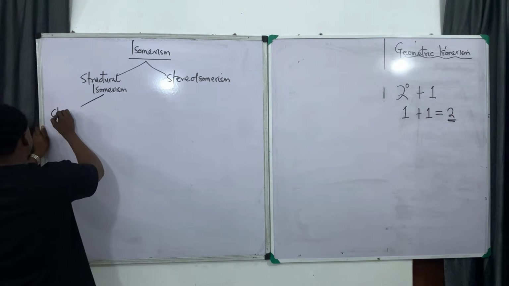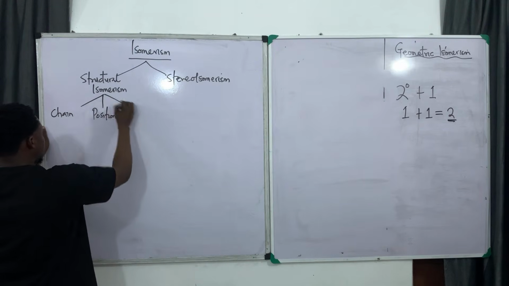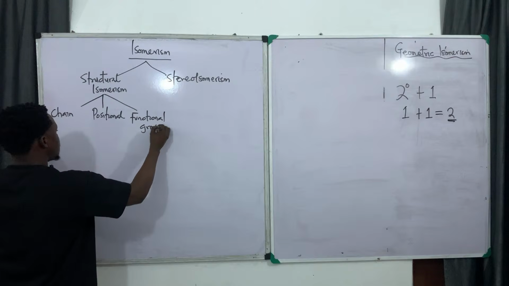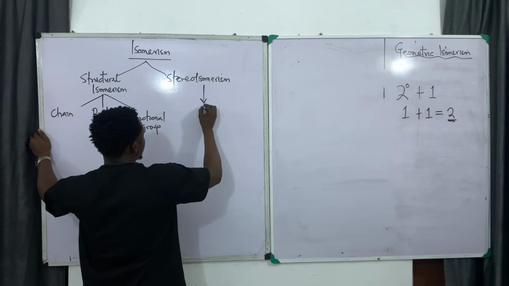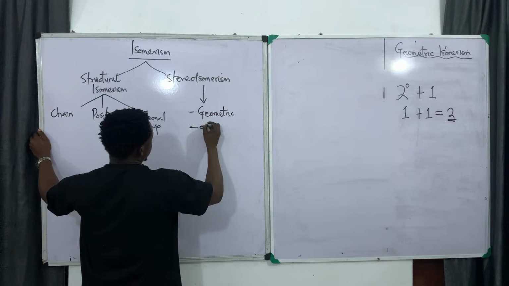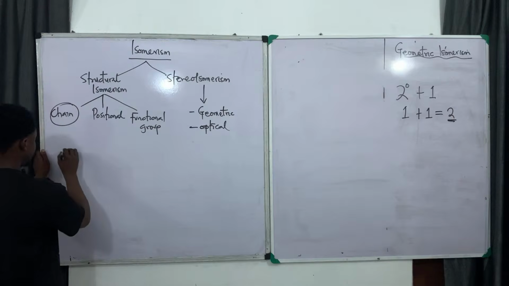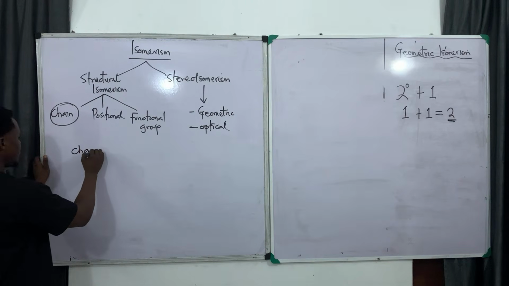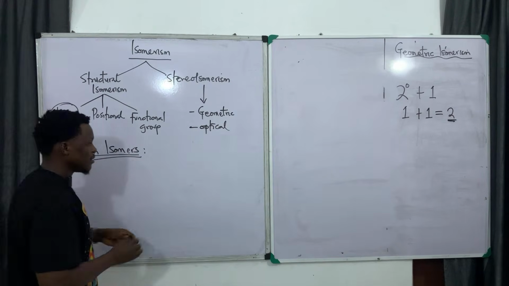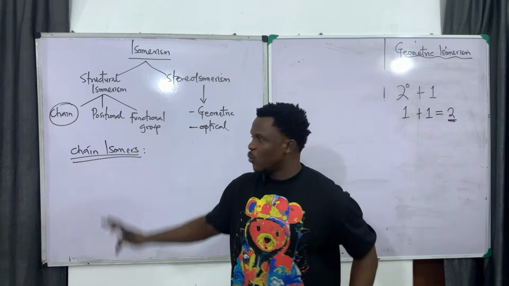Under structural, we have chain, positional, and functional group. Now we want to talk about chain. We are starting with chain isomers. This is the one we are going to talk about today. And after this class, I'll drop a video where you can take your time and rewatch all of this.